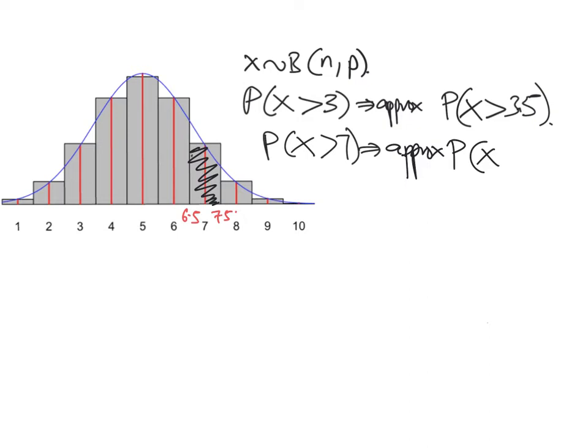Since it's X is greater than 7, obviously I can't take 7 as my first value. So to approximate using normal distribution, my first value will be X is greater than 7.5. So if I have a value that's greater than 7 in binomial, or greater than anything, then you look at the continuity correction. Using continuity correction, I can find the answer, which in this case is 7.5.